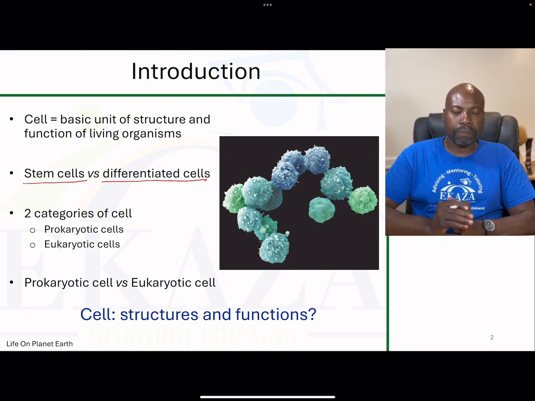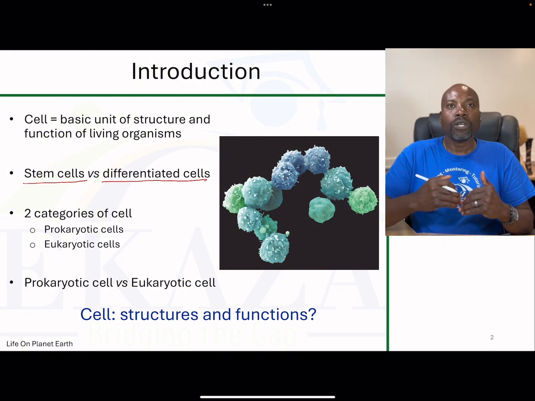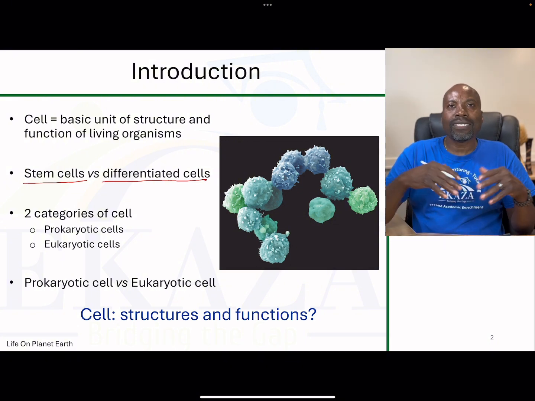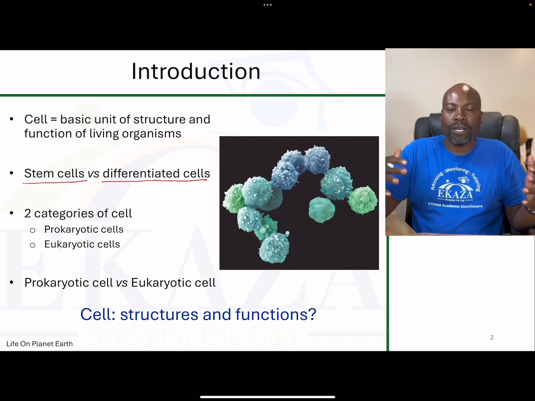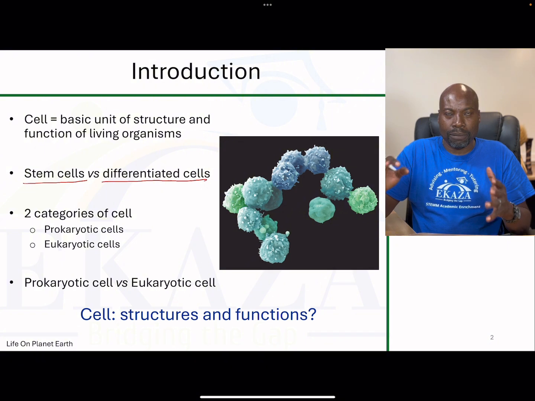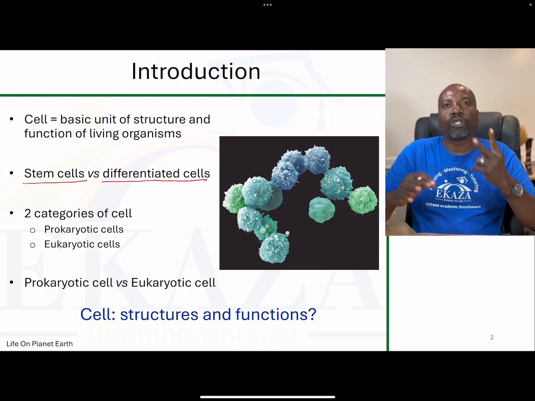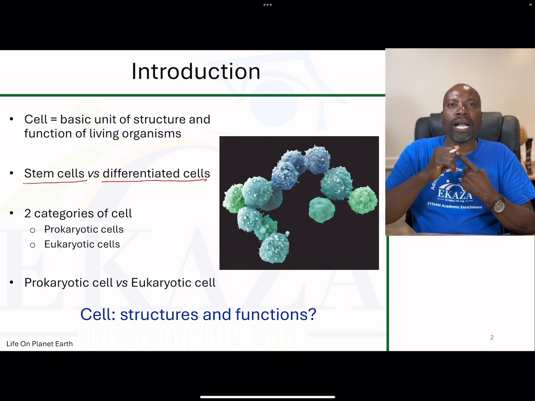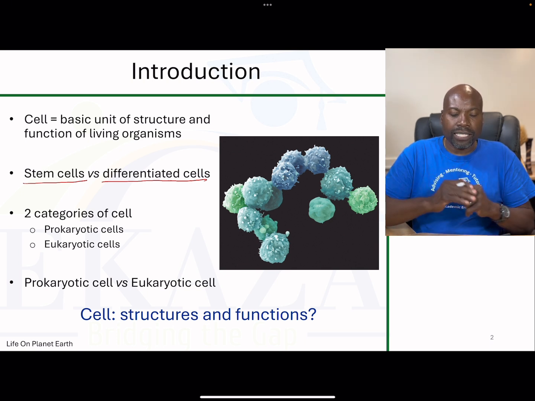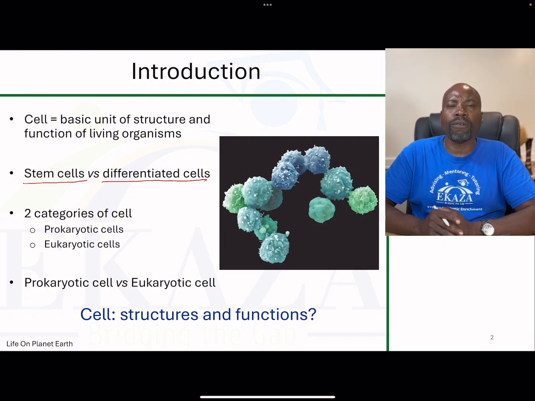With that being said, when now looking into all the cells that we can encounter across all the living systems, these cells fall roughly into two categories. We have the prokaryotic cells and the eukaryotic cells. The prokaryotic cells in general are going to be small, simple in terms of organization, right?